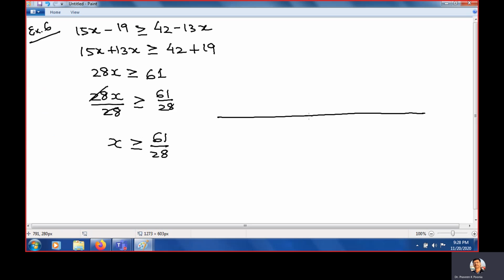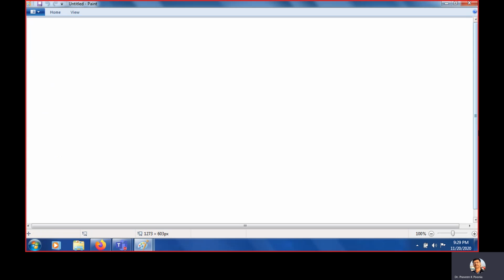As I told you in the previous lecture, x is equal to 61 upon 28, and equal means it is a black circle here. Greater than means this side. Cover it. This region is complete. This is the solution. Example number 6.